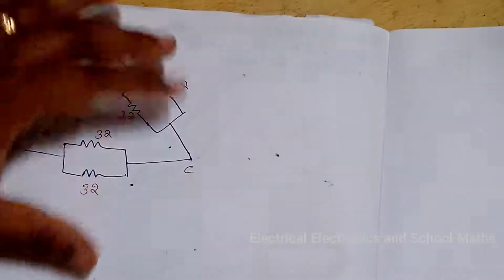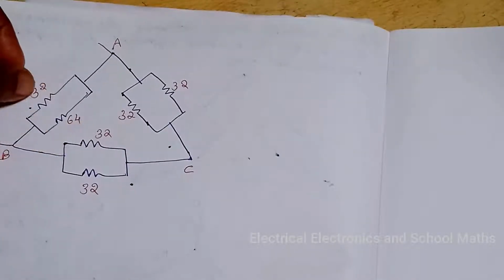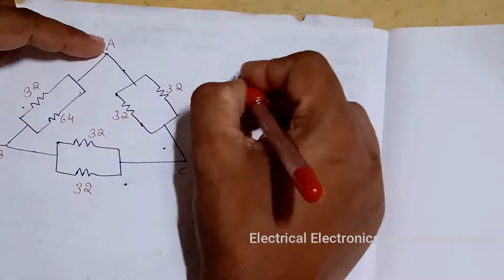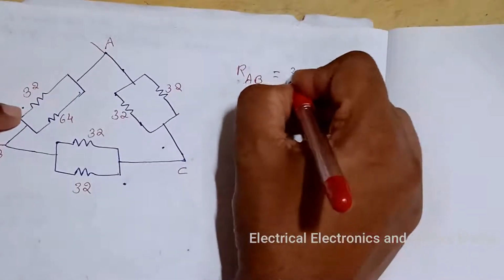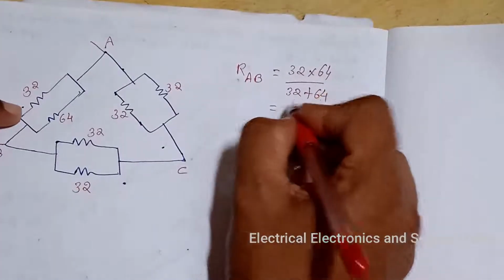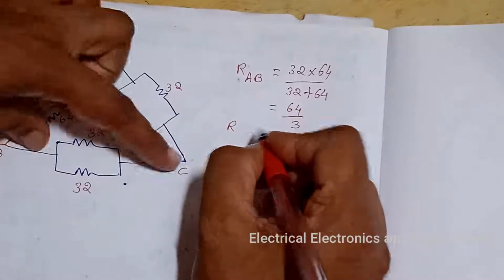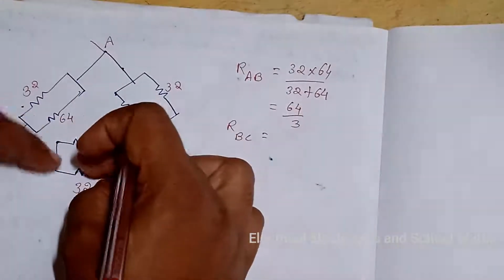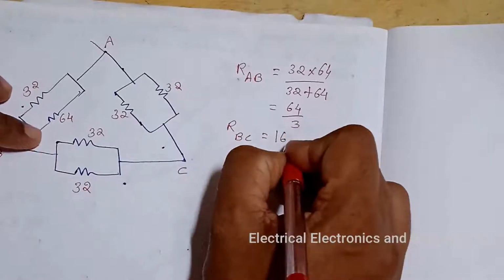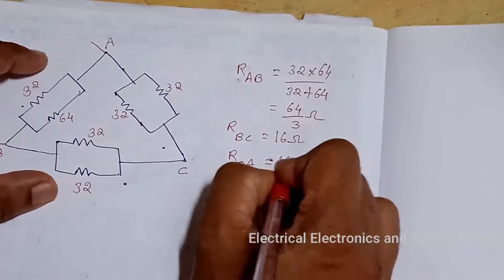Again after reducing these resistance values, applying the parallel resistance rule, RAB equal to 32 into 64 divided by 32 plus 64 equal to 64 by 3, and RBC equal to half of, here 32 ohm and 32 ohm are in parallel, so take half of that resistance, that is 16 ohm. Here also RCA equal to 16 ohm.